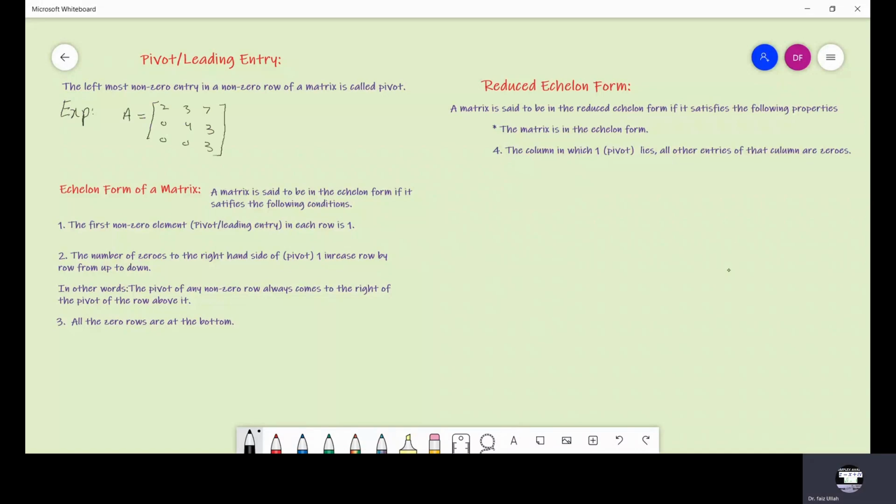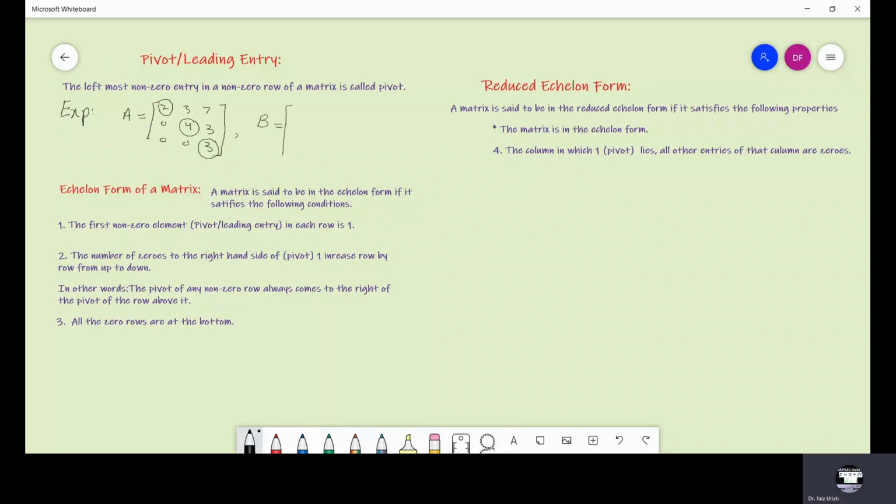Now we can see that the first non-zero number in row 1 is 2, and that 2 is called a leading entry of row 1. In the second row, the first non-zero number is 4, and that 4 is called a leading entry or pivot. In the third row, the first non-zero element is 3, and 3 is called leading entry of row 3 of matrix A.